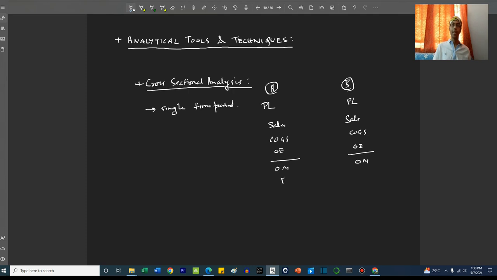Then there are financial expenses, profit before tax, then there is tax, and there is net income, right? So obviously A and B are two different companies, so they will have different numbers. When we are doing a cross-sectional analysis, what we are trying to do is see how each of these companies is performing in a comparative sense.